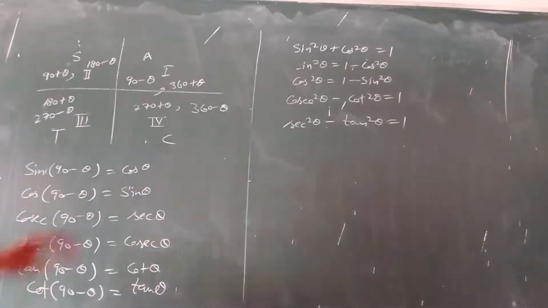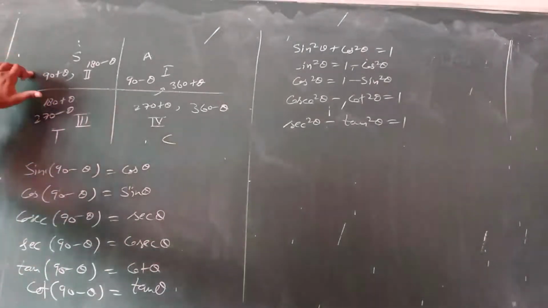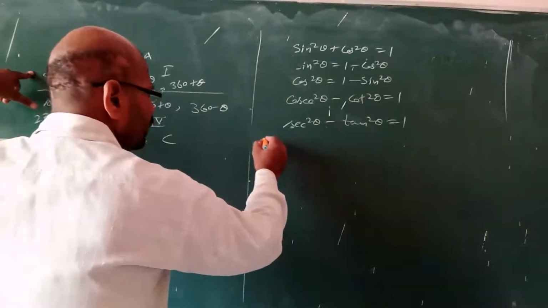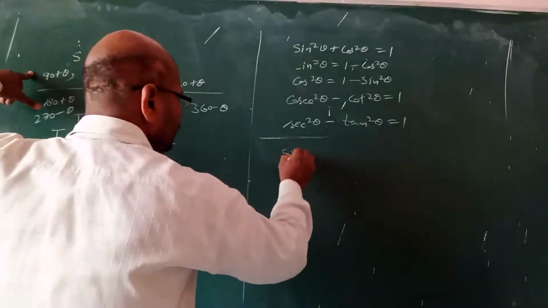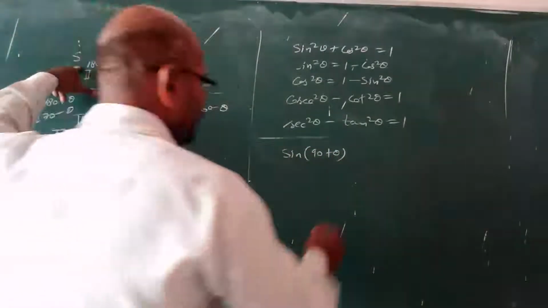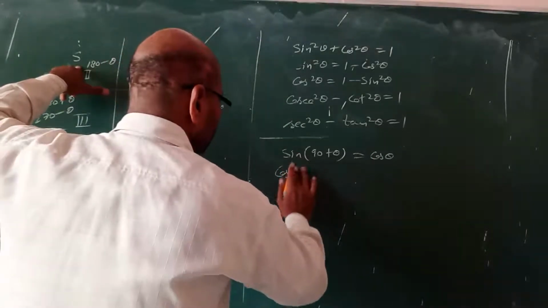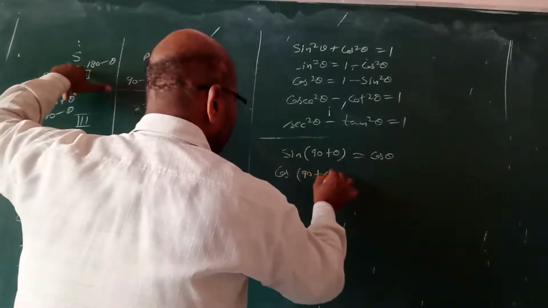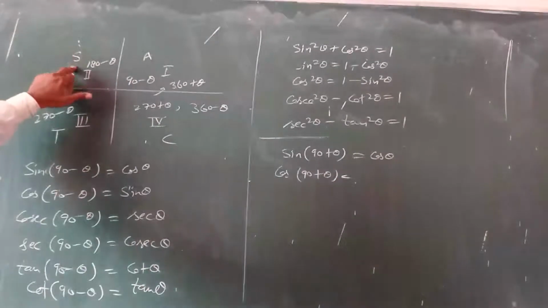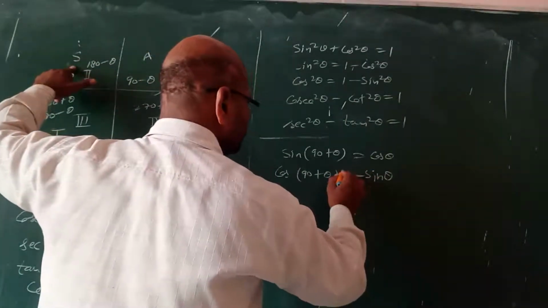Now let us do this one. Sin 90 plus theta changes to cos theta, as sin is positive. Cos 90 plus theta, where cos is not positive, changes to minus sin theta.